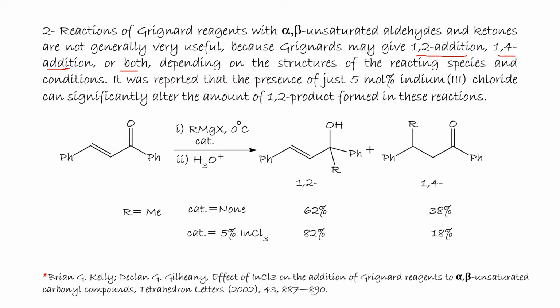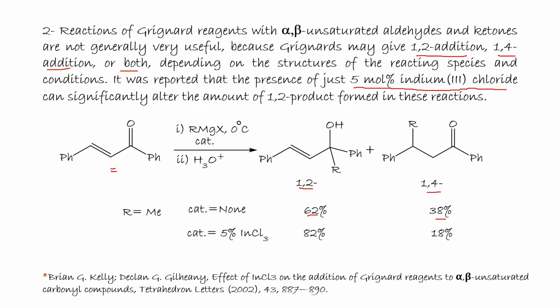It was reported that the presence of just 5% indium-3 chloride can significantly alter the amount of 1,2 products formed in these reactions. Here, this is the alpha beta unsaturated compound with Grignard, without catalyst: 1,2 addition 62%, 1,4 addition 38%.